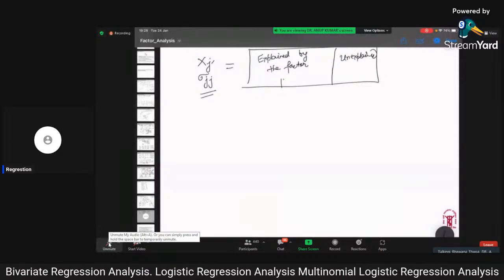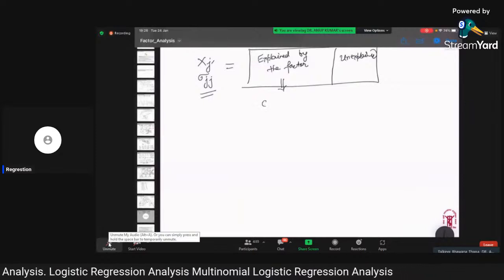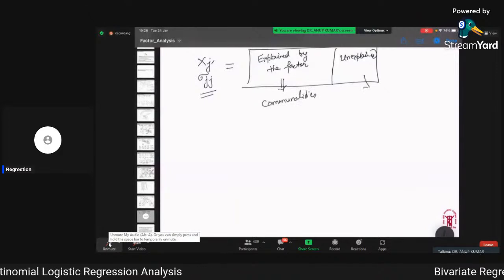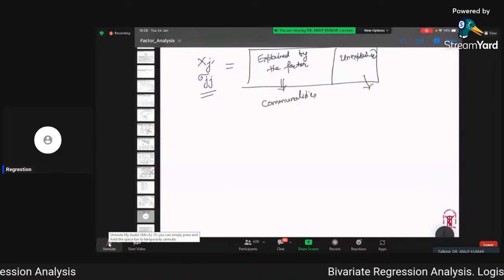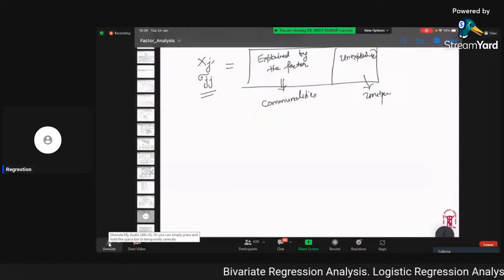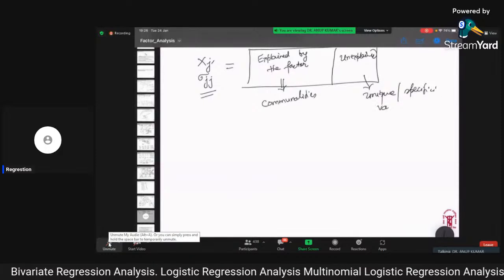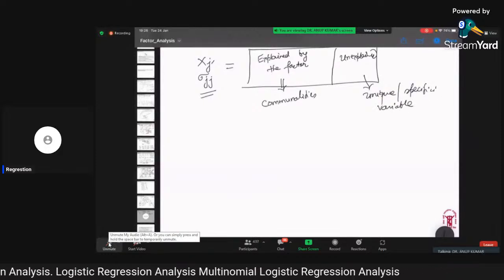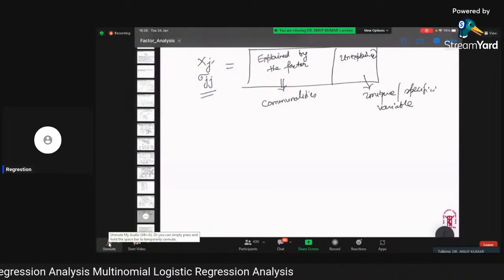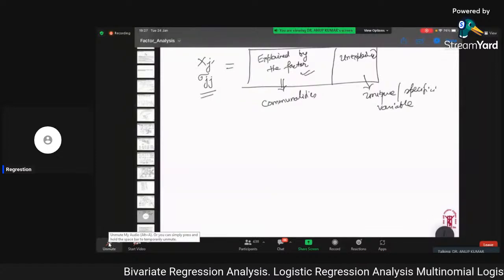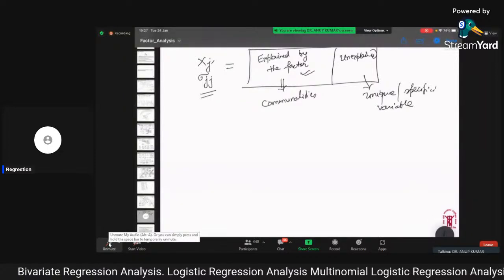The part which is explained by the factors is termed communalities, and the part which is not explained is termed unique or specific variability, which is not explained by the factors. How these communalities are captured through the data analysis, I'll be explaining to you in the practical example.